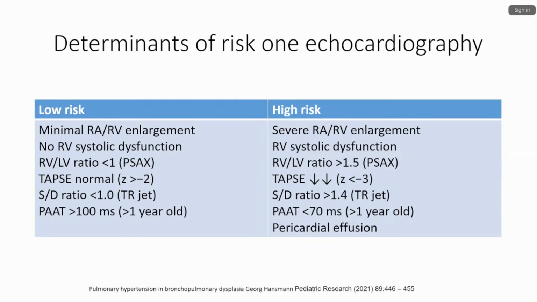And high risk factors were severe RA and RV enlargement, RV systolic dysfunction, RV by LV ratio more than 1.5, TAPSE decreased, S by D ratio of more than 1.5, and PAAT of less than 70 milliseconds, and pericardial effusion.